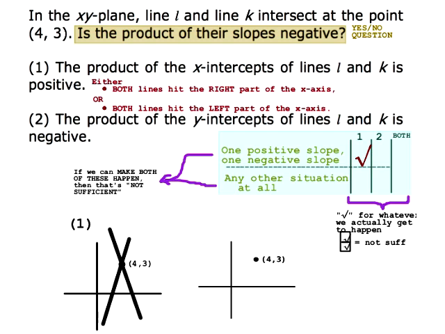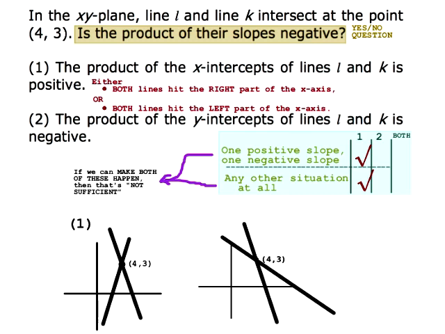We can just draw two lines like this. There you go. So now these lines have two negative slopes. So this is not one positive, one negative anymore. So this just checks off the bottom box. So this is not sufficient for statement 1. Smiley face, if that makes sense.